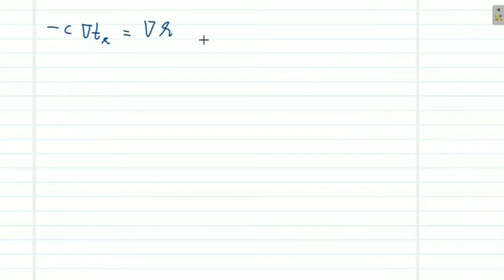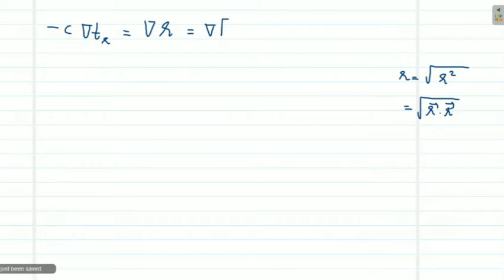Now we know the magnitude of r can be represented as root of r square, right? Now what is r square? R square is r bar dot r bar. So let me rewrite this expression as del of root of r bar dot r bar.